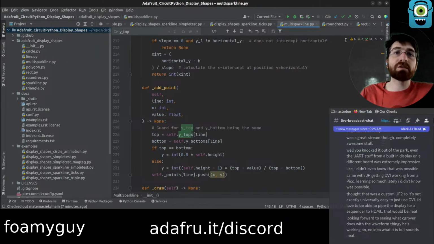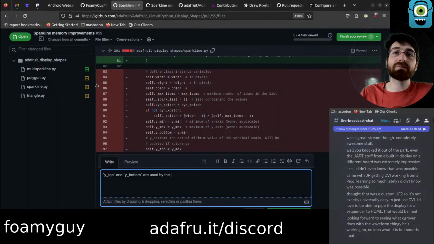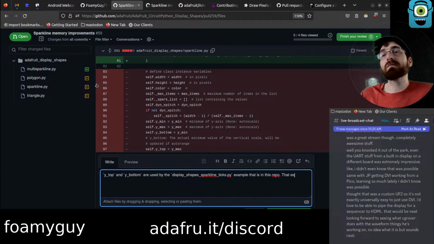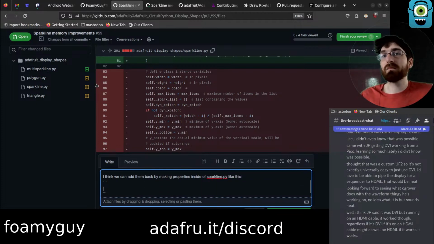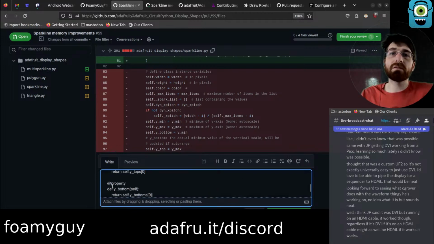Display shapes sparkline ticks. Have them copied? I do actually have them copied.